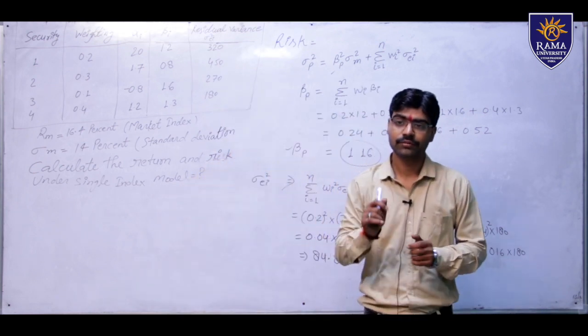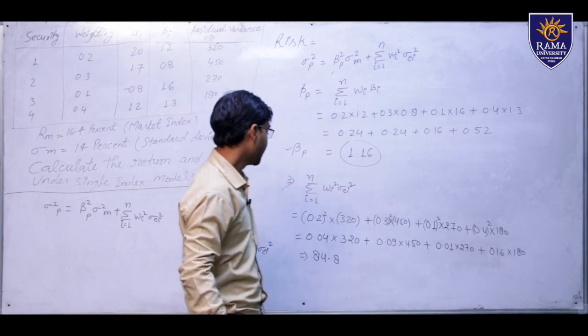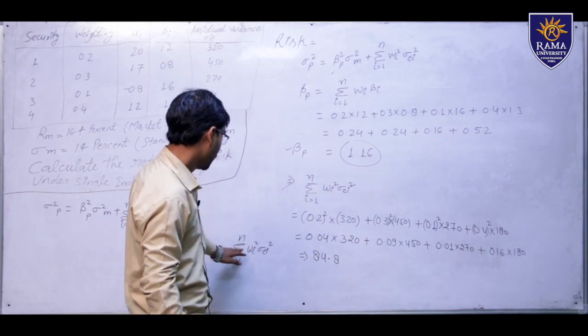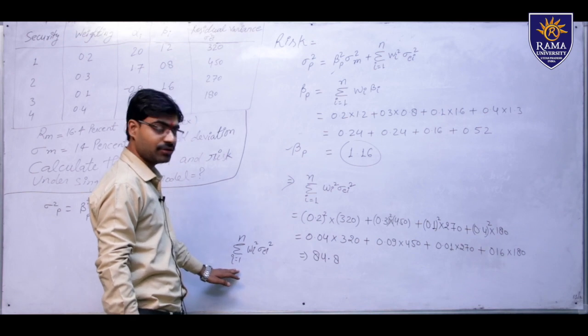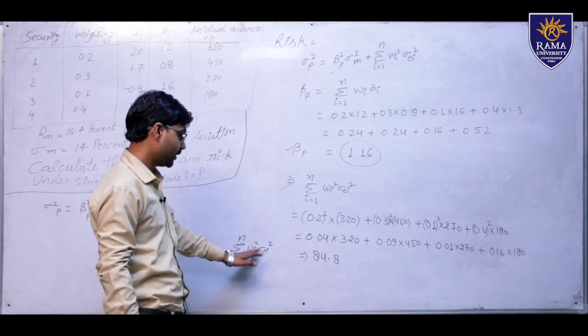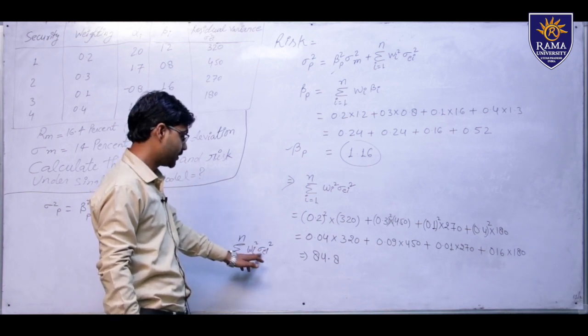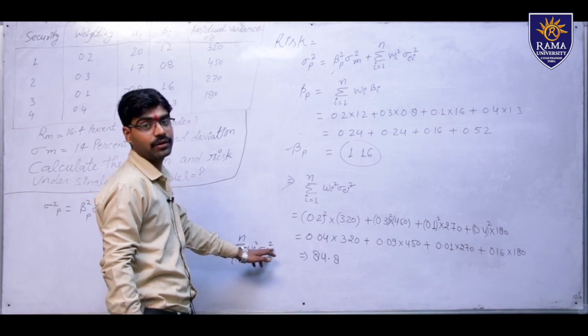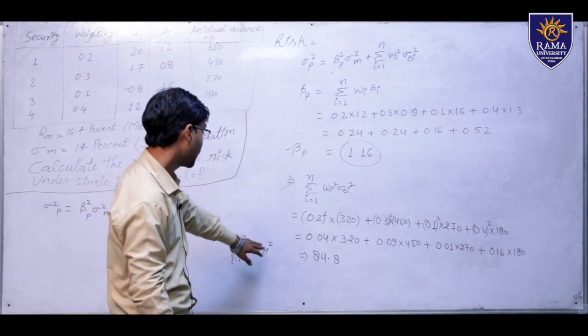This is the value of the summation of weighting i square and sigma ei square.